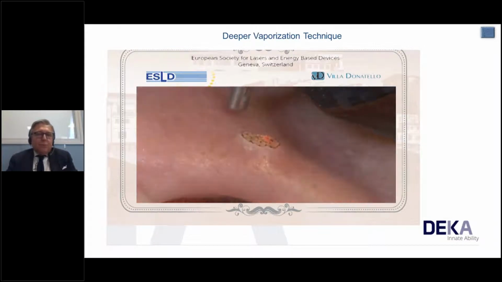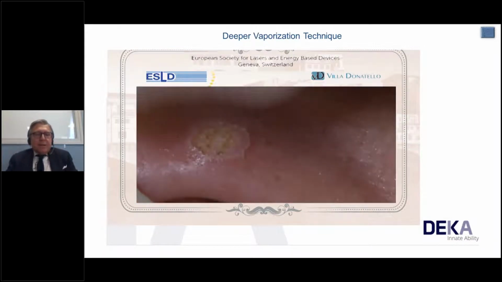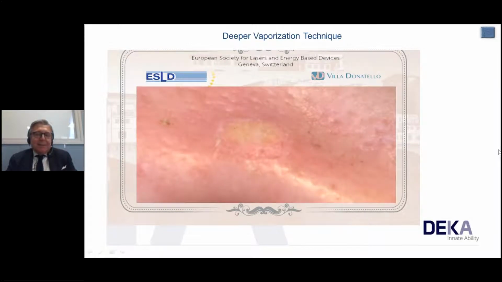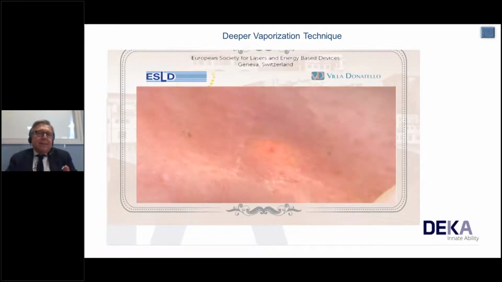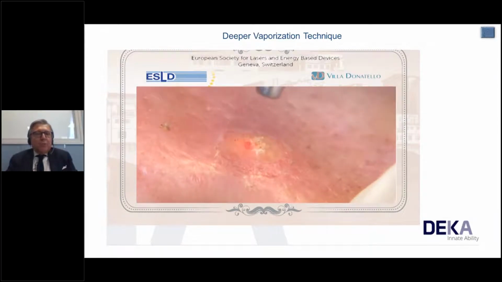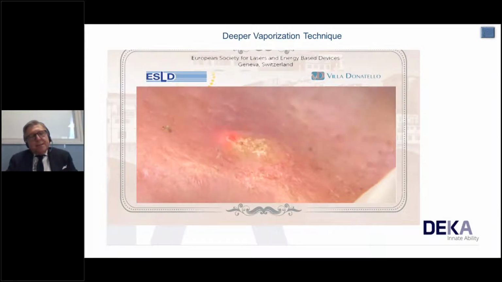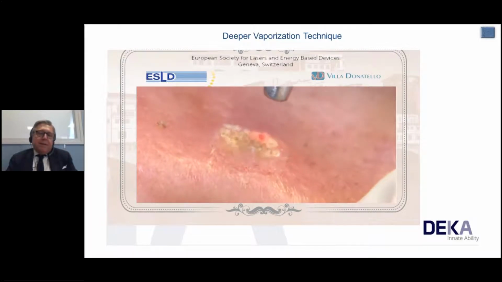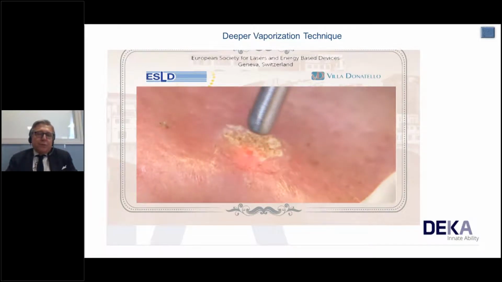It's important to remove with wet gauzes, so that we can focus our selected action on the skin, and we finish vaporizing the dermal nevus. You can see in the side view the perfect restoration of the skin.